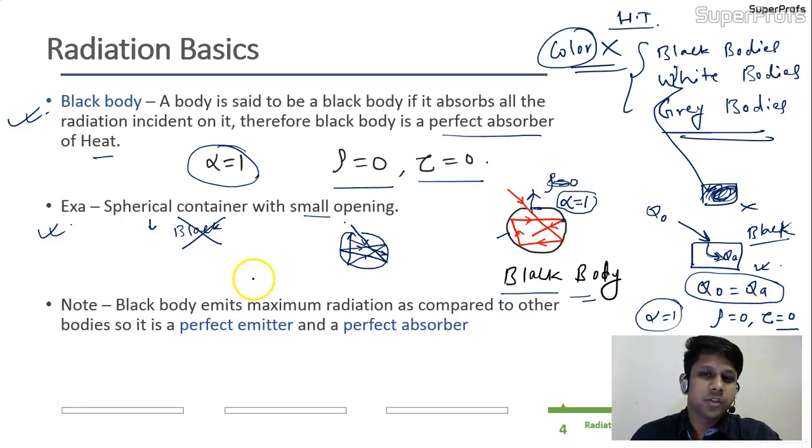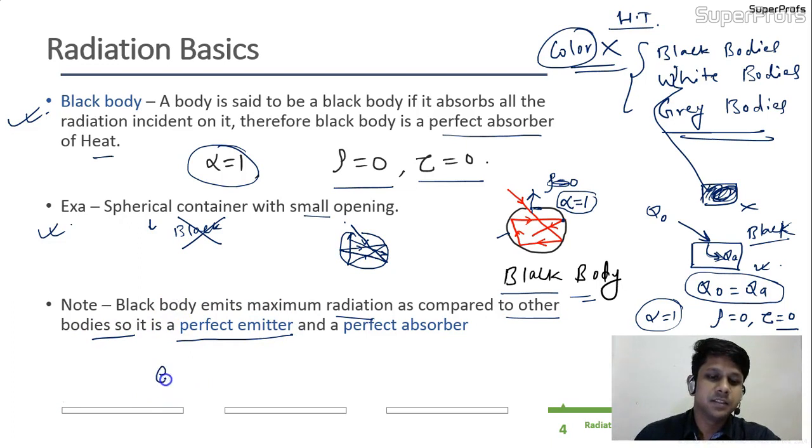Now there is one more important point about this black body. This black body emits maximum radiation as compared to other bodies. So it is a perfect emitter. In the Stefan-Boltzmann law, which we have seen in the first chapter, the emissive power of a black body is equal to sigma T to the power 4.